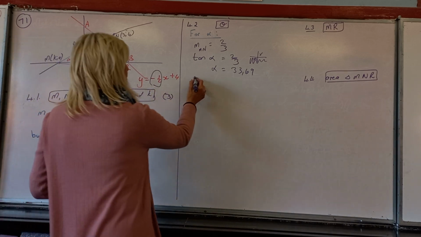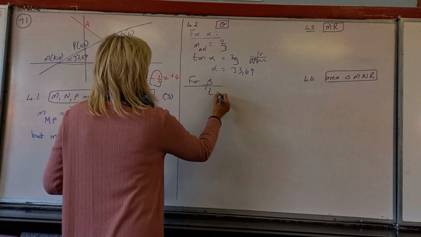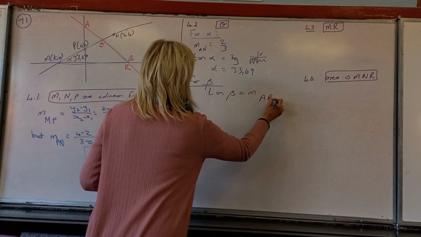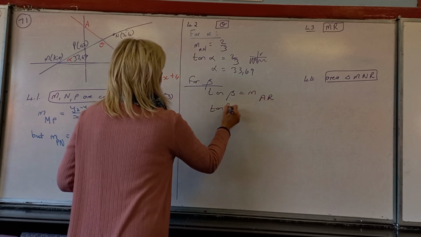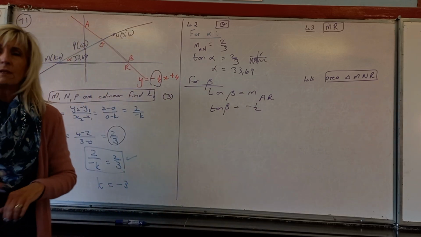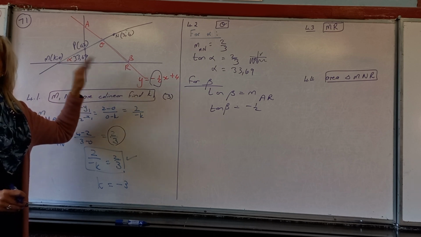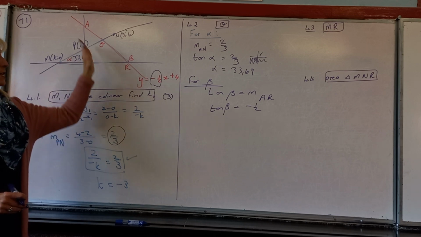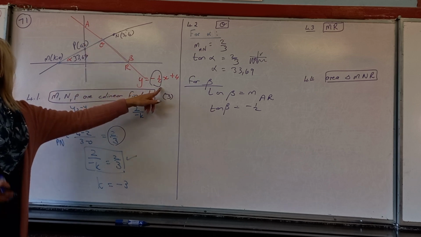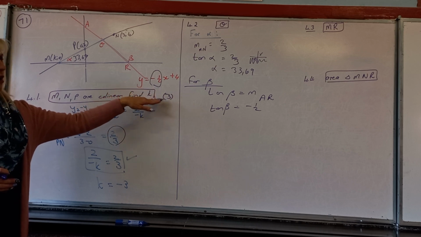So for beta, let's take the gradient of AR, which was -1/2, and go get the inclination. But critical, if it's degrees that I'm after, it has to be something to do with inclination. So this inclination, I don't even have to go work out the angle. The gradient has been given to me as -1/2.